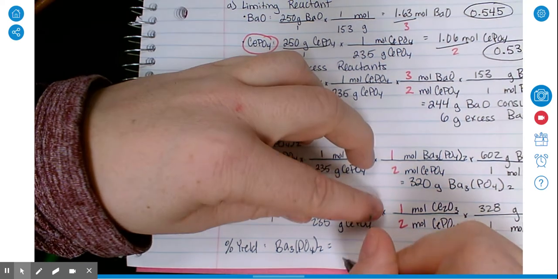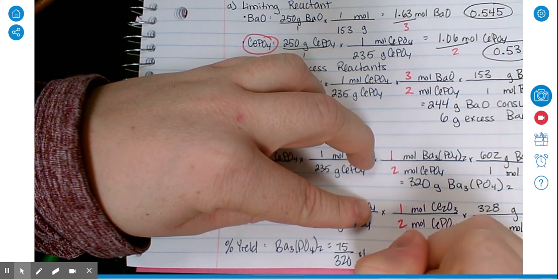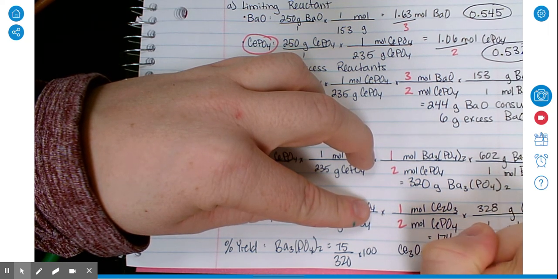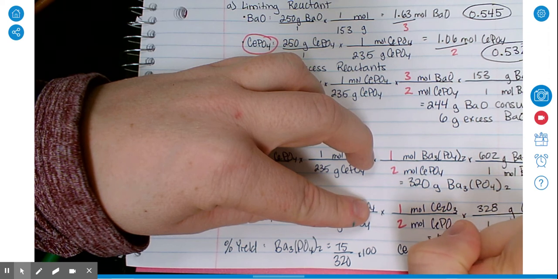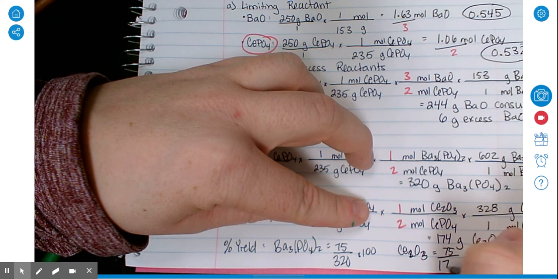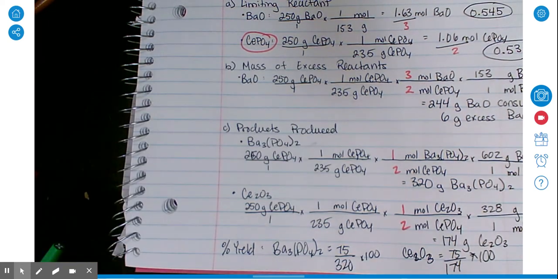That one was 75 divided by 320 times 100, and then the Ce2O3 was 75 divide 174 times 100. So that would be your work for percent yield.